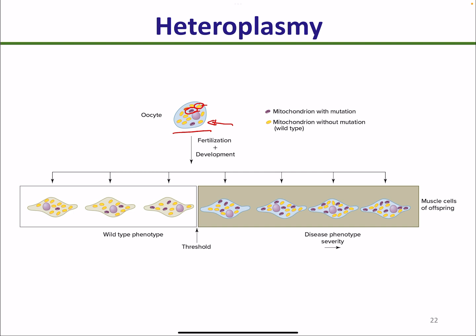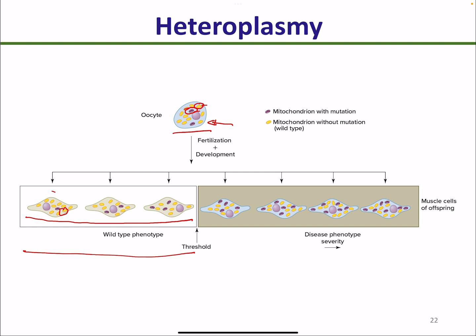So we can be in this situation here with a wild type phenotype where the wild type mitochondria are much more abundant than the mutated mitochondrial DNA. So we're going to have a wild type here.